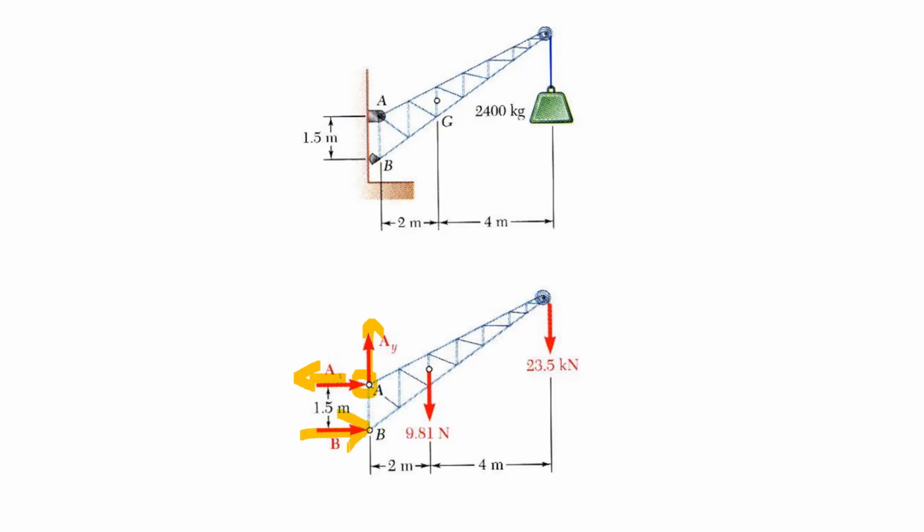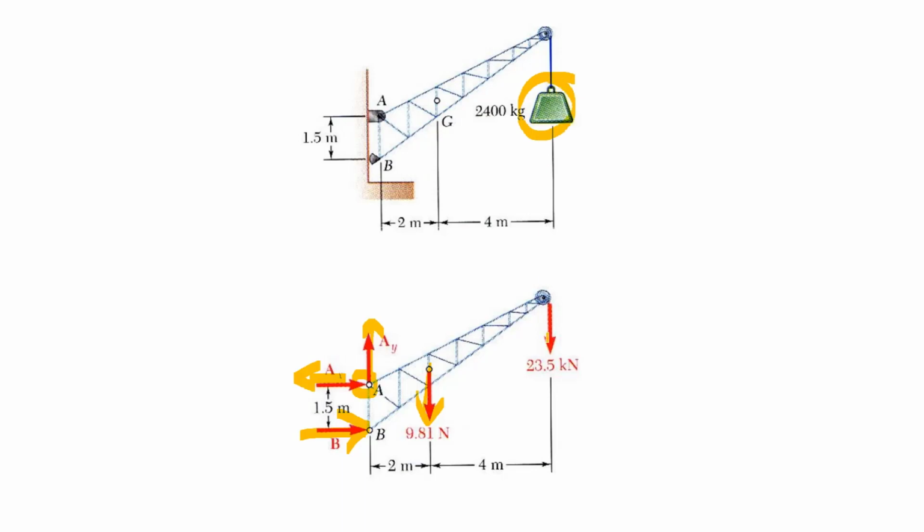That's why it has only B horizontal. And there is G, the weight of this bar, and it is acting like this.